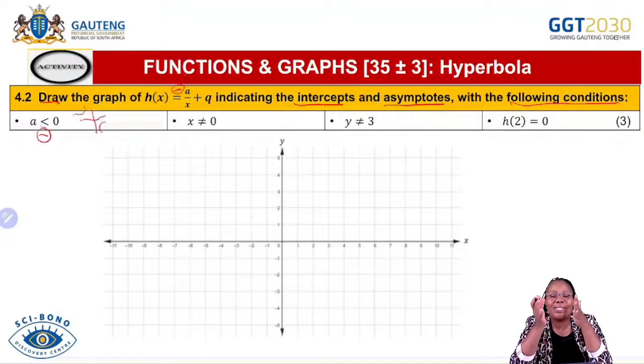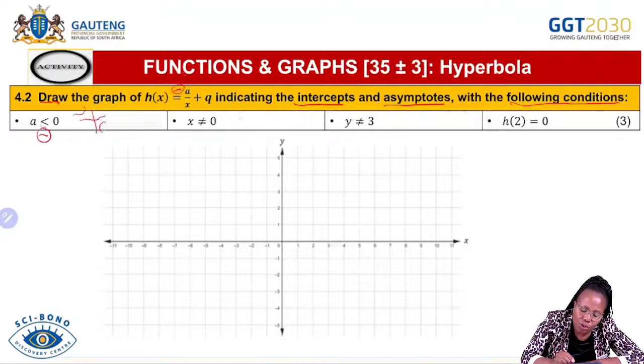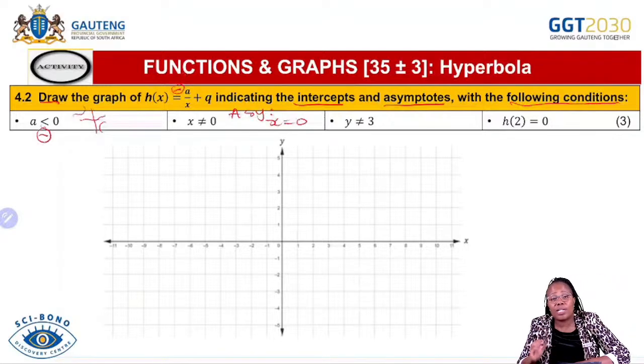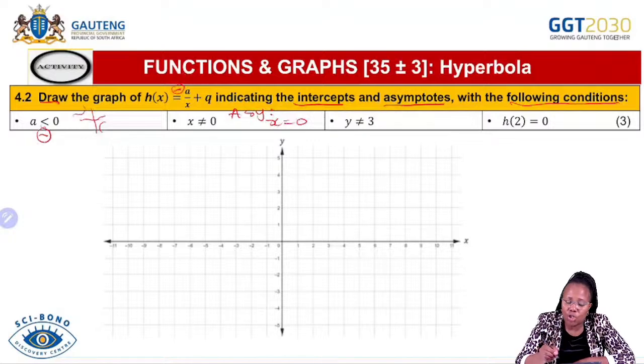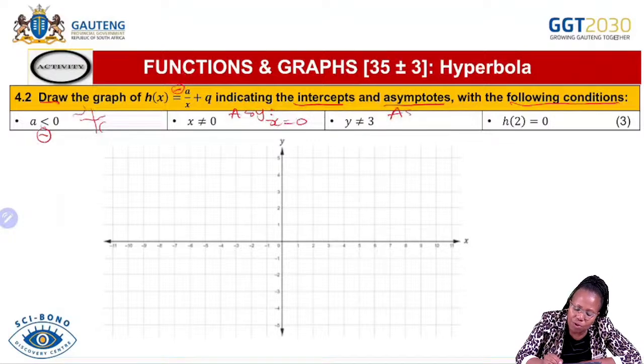Condition number 2, it is saying x must not be equal to 0. What does it tell you? It is telling you that your asymptote for x is at x equal to 0. So you are having that dotted line there. And then it also says y must not be equal to 3. Actually, they are giving you the other asymptote, at y equal to 3.